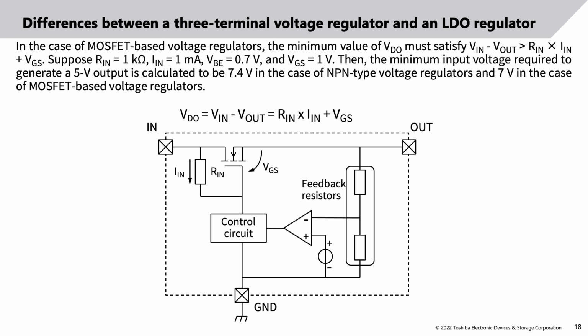Suppose Rn equals 1 kΩ, In equals 1 mA, VB equals 0.7 volts, and VGS equals 1 volt. Then, the minimum input voltage required to generate a 5-volt output is calculated to be 7.4 volts in the case of NPN-type voltage regulators and 7 volts in the case of MOSFET-based voltage regulators.